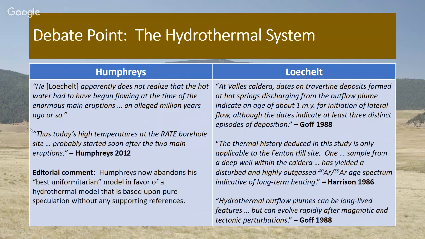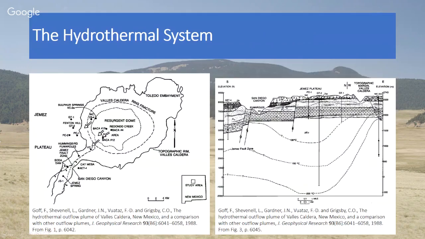First, from the Goff paper. At Valles Caldera, dates on travertine deposits formed at hot springs discharging from the outflow plume, indicating an age of about 1 million years for initiation of lateral flow, although the dates indicate at least 3 distinct episodes. So the point is, if you look downstream, travertine deposits would be Soda Dam and some of these other surface springs.